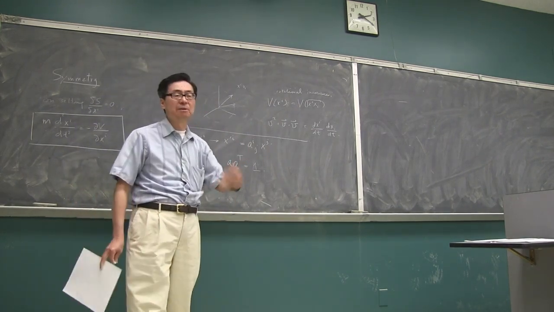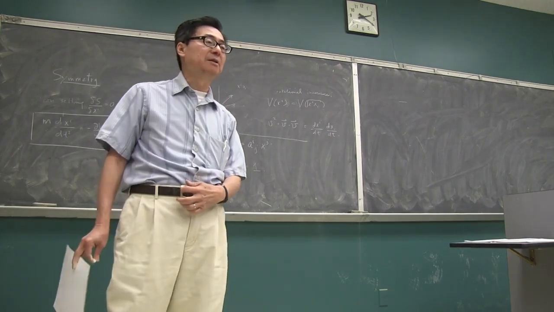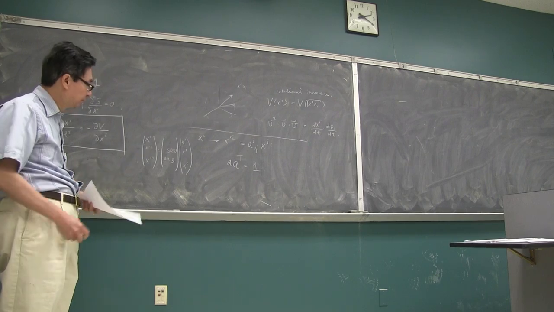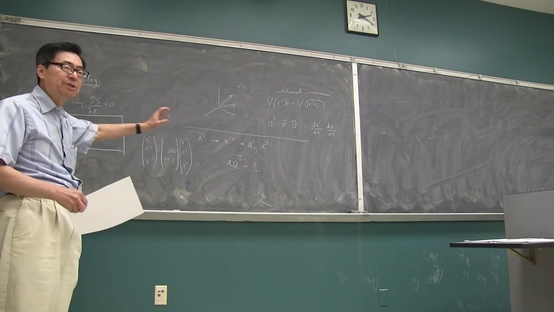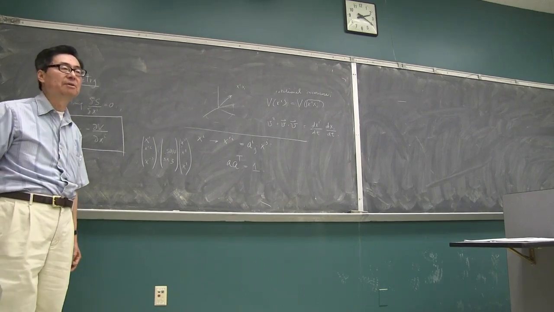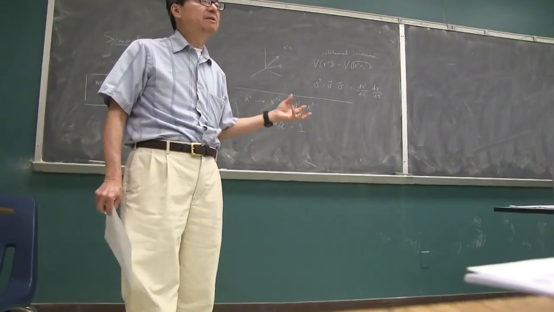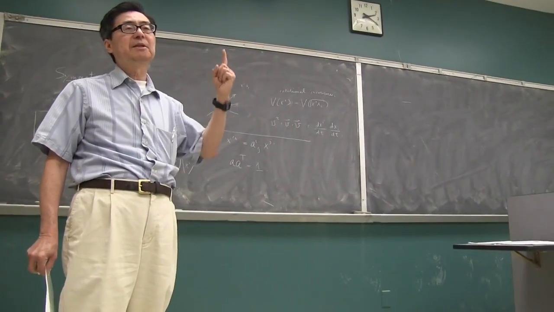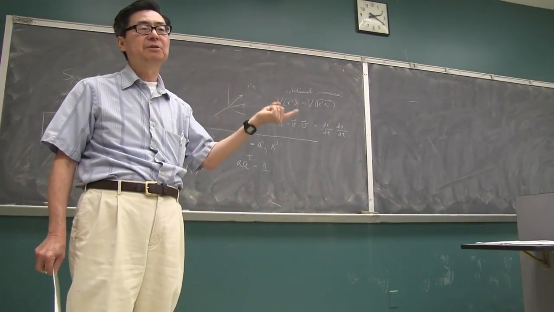It also satisfies the condition that the determinant of A is equal to plus 1. But let's just make use of this condition first. This is a little more general, as the determinant may not be equal to plus 1. The orthogonality relationship only comes from the requirement that the length of the vector remains unchanged.